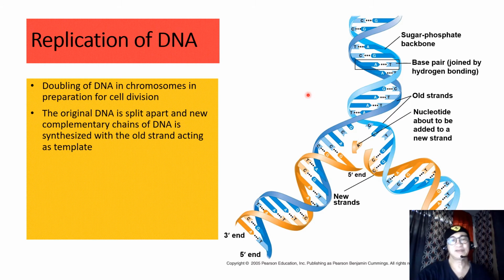DNA is replicated before cell division. Prior to this, the DNA chromosomes are doubled in preparation for their segregation in daughter cells when the parent cell splits into two.